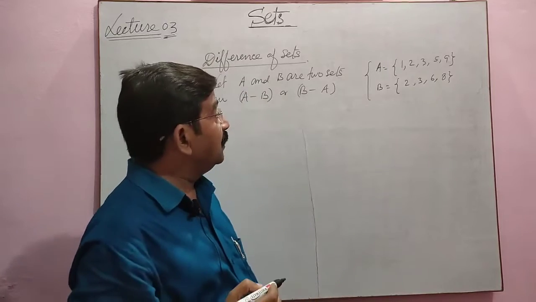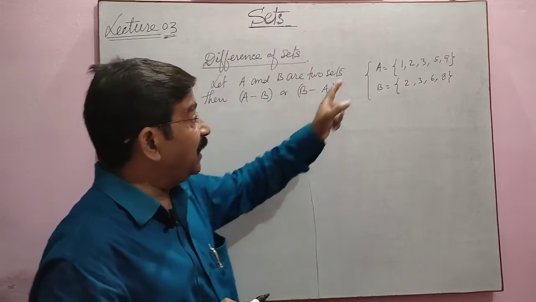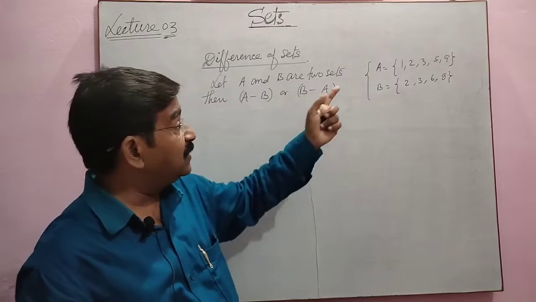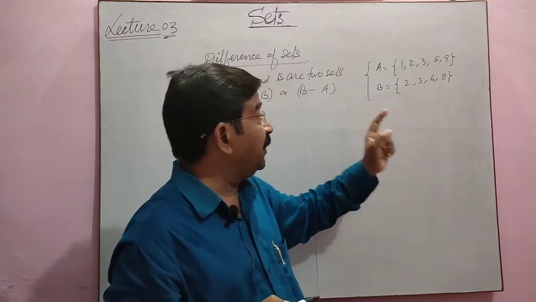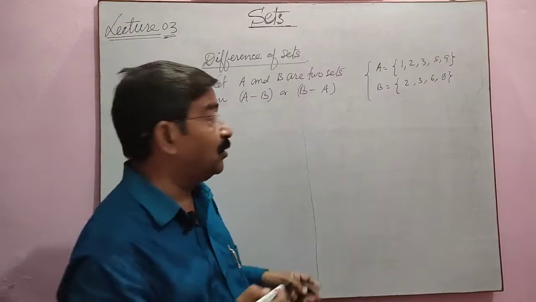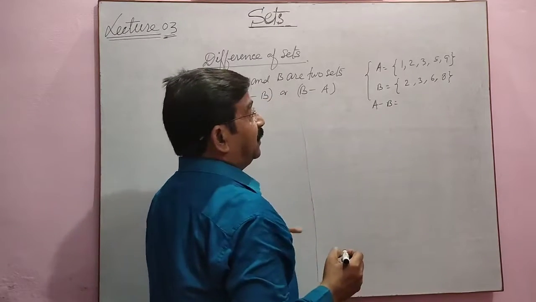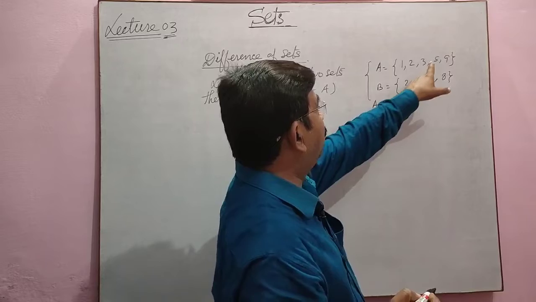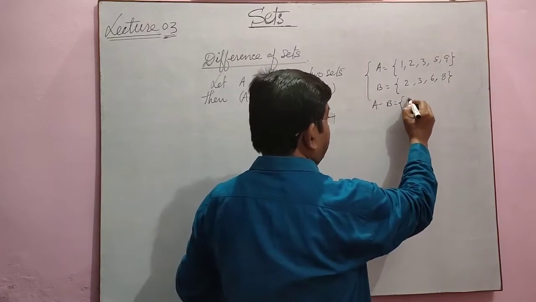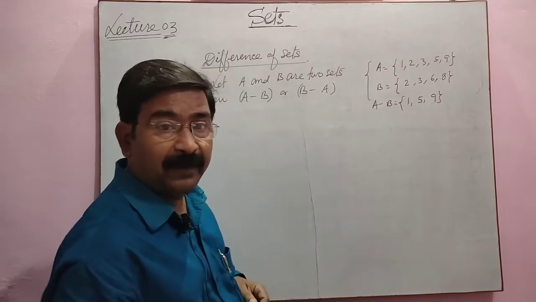Then A minus B means elements of A which are not found in B. So check which are the elements which are not in B. 1 is not here, 5 is not here, 9 is not here. Means A minus B is {1, 5, 9}.